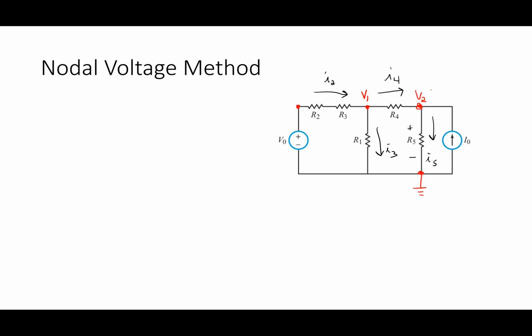That has nothing to do with the voltage across any individual resistors. That is the voltage. So V1 is how far above zero this node is. And V2 is how far above zero this node is. All right. Now we're going to use those to write Ohm's law, but Ohm's law doesn't have anything to do with them.